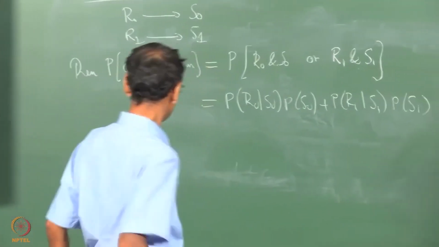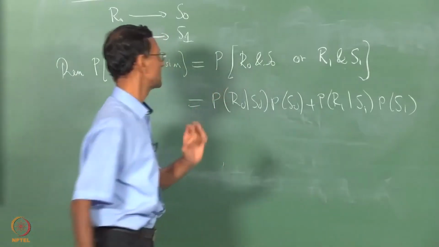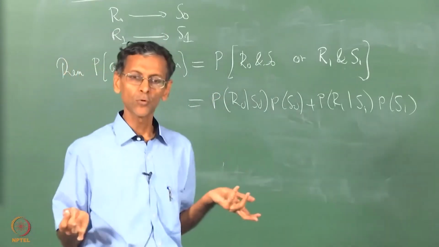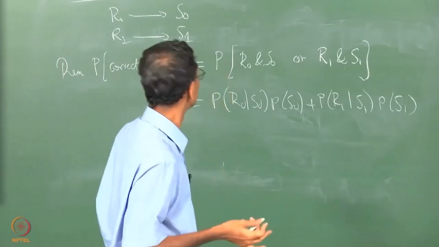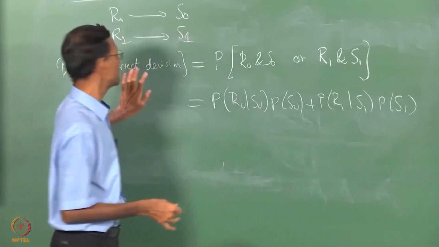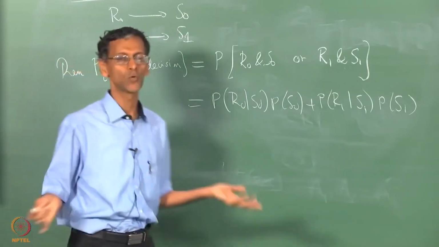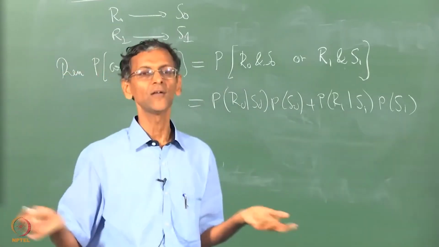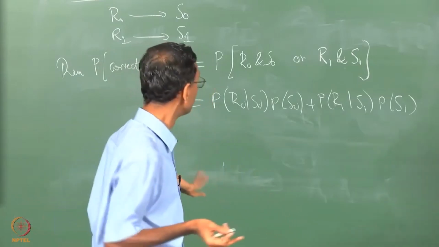So for the fixed system, this is the probability of correct decision. Alternatively, you can look at the probability of error, and you can check for yourselves that the probability of error must be 1 minus the probability of correct decision, because there is no third possibility: either you are right or you are wrong.